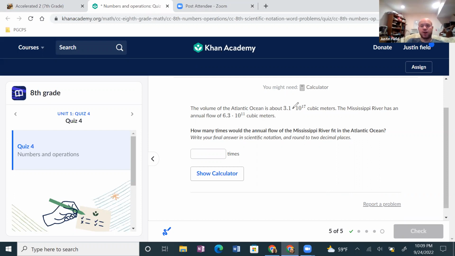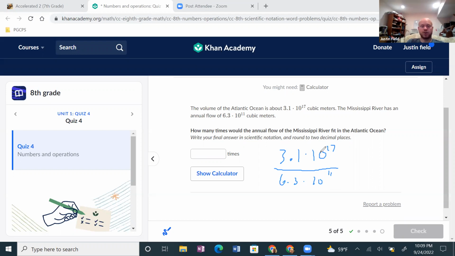Okay, so we have our Atlantic Ocean, 3.1 times 10 to the 17, and we have our Mississippi River, and that's 6.3 times 10 to the 11th. So like I said, we are dividing.